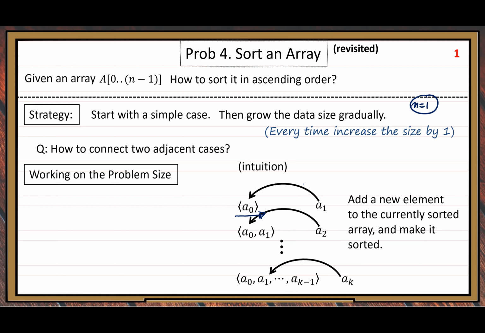Add a new element to the current sorted array and then make it sorted. That's the typical action we take for each step. We describe it as inserting an element in a sorted array at the right position. You need to find its right position first, then you do the insertion. Or you just do them together: find the location and do the insertion at the same time.